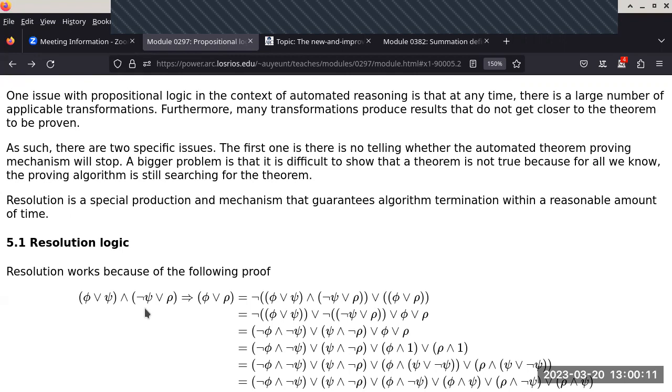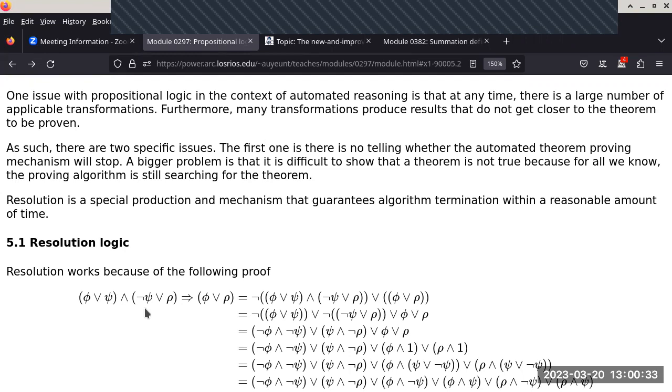Is that okay? So you create a new well-formed formula and get rid of an old one, because it is implied by the old ones. So you have two well-formed formulae. This one, psi or phi, is one well-formed formula that is known to be true at some point.